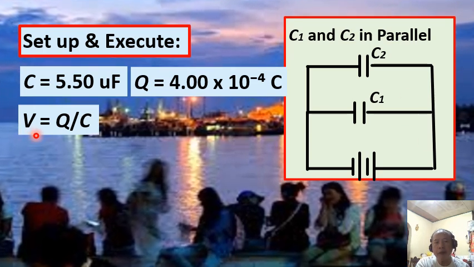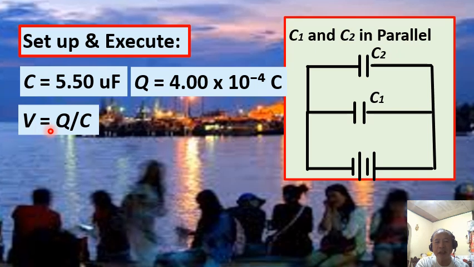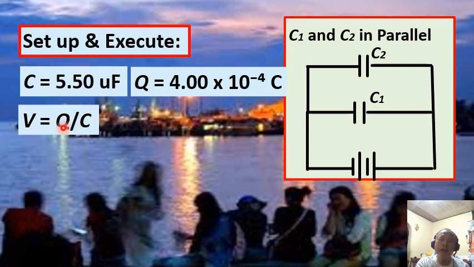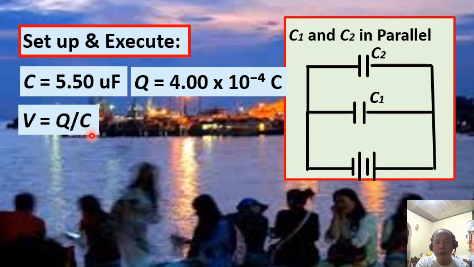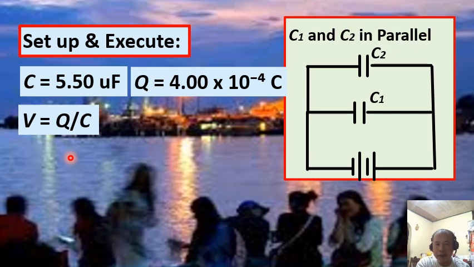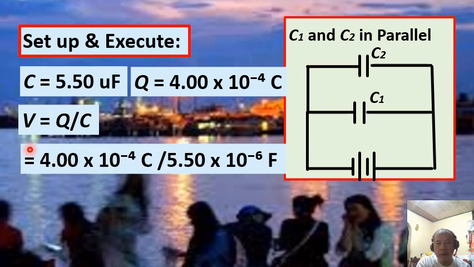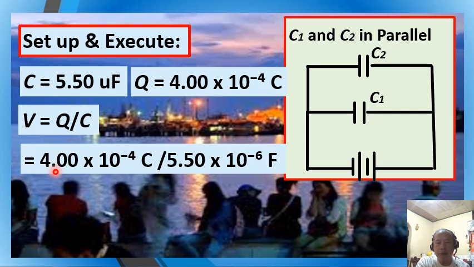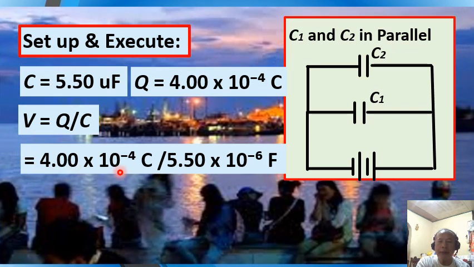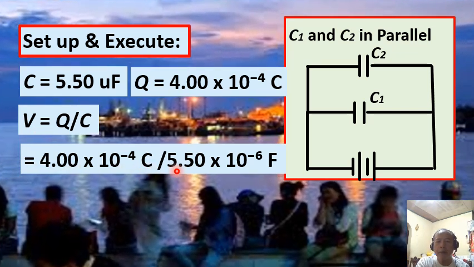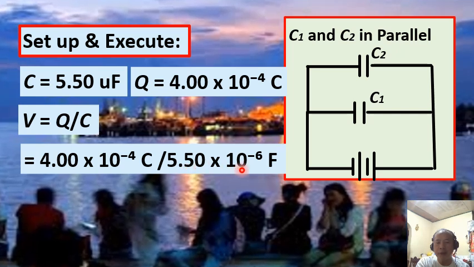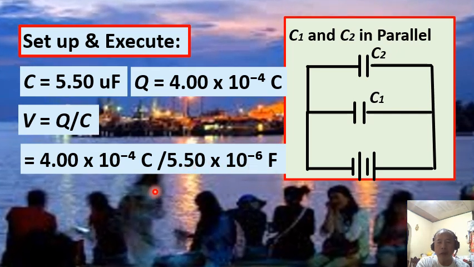So capital V, the total potential difference, is just equal to the total charge big Q divided by the total capacitance. That is, the total voltage equals 4.00 raised to the negative 4 coulomb divided by 5.50 raised to the negative 6 farad.